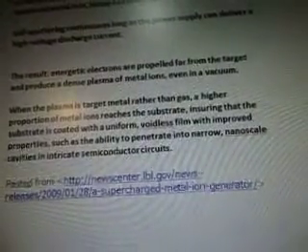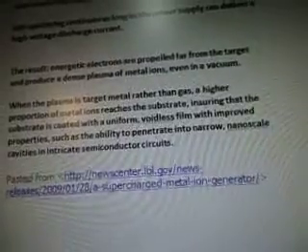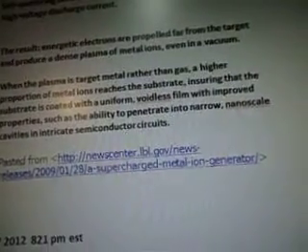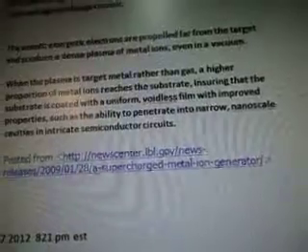When the plasma is target metal rather than gas, a higher proportion of metal ions reaches the substrate, ensuring that the substrate is coated with a uniform, voidless film with improved properties such as the ability to penetrate into narrow, nanoscale cavities and intricate semiconductor circuits.